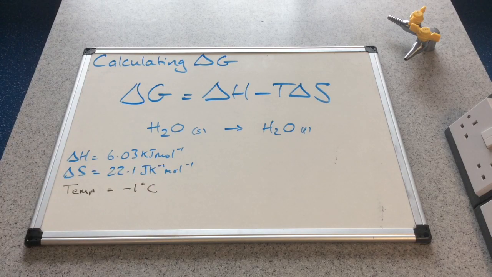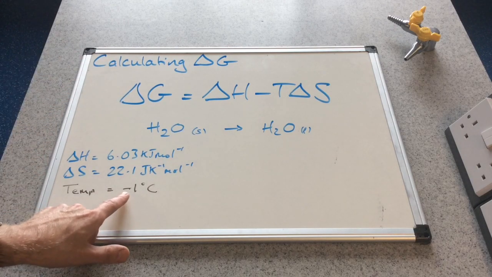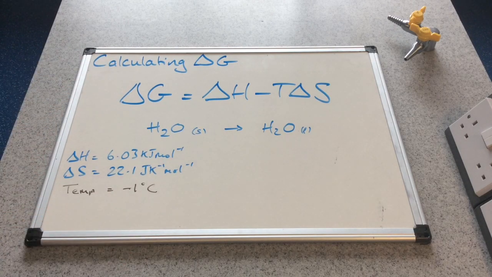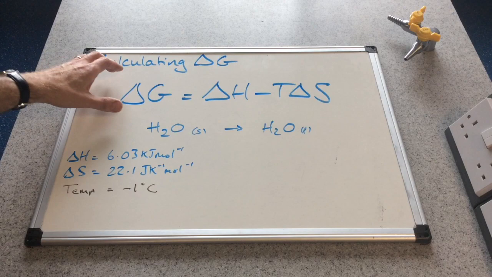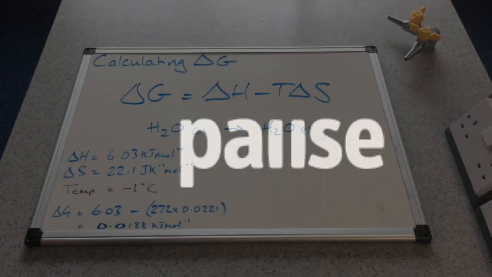What I want you to do is work out delta G at a temperature of minus 1 degrees C. In your head you know ice won't melt at minus 1. Let's use delta G to explain why. So pause the video and work that out.